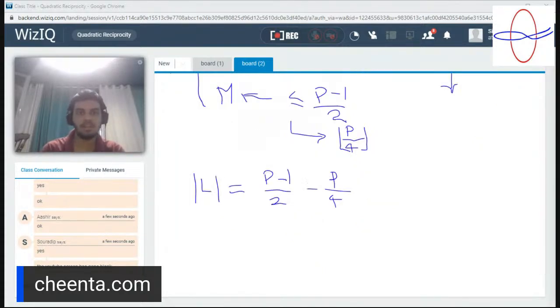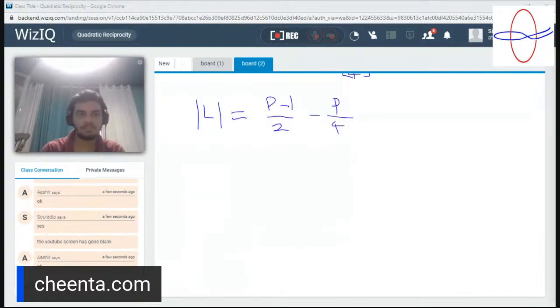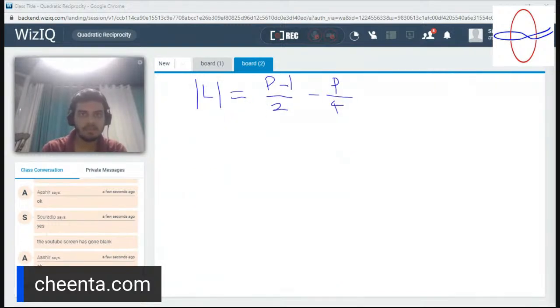Now we'll just see what p is congruent to. You can start with 2 and 4, and then finally you'll have to take p congruent to some values mod 8. So mod 8, p can be congruent to 1, 3, 5 or 7 mod 8, right?